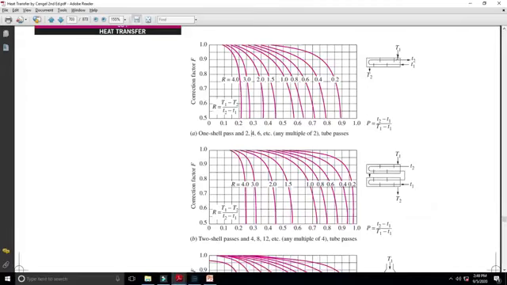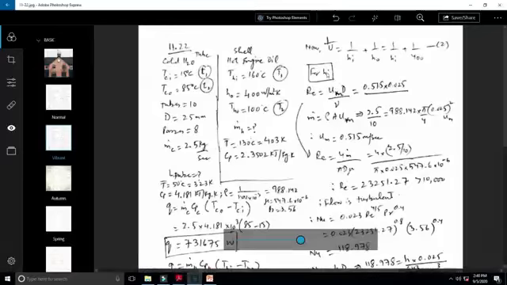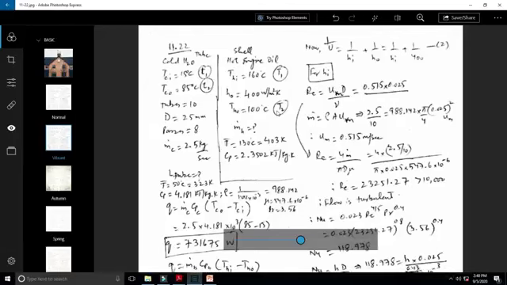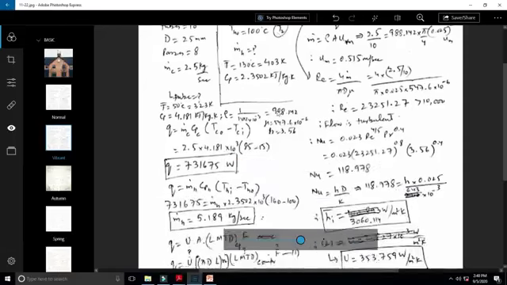Capital T is the temperature of the fluid on the shell side. We have hot engine oil on the shell side, so its inlet temperature would be T1, and the hot outlet would be T2. You need to write them in this manner so that you can calculate P and R. Otherwise it may be difficult to keep track of small t1, small t2, capital T1, capital T2.